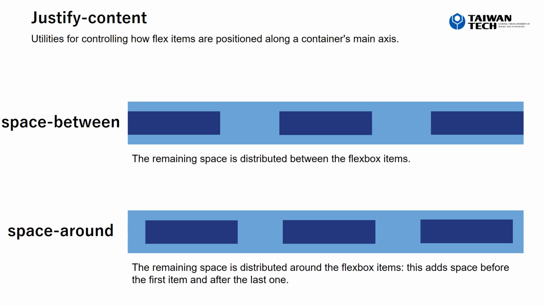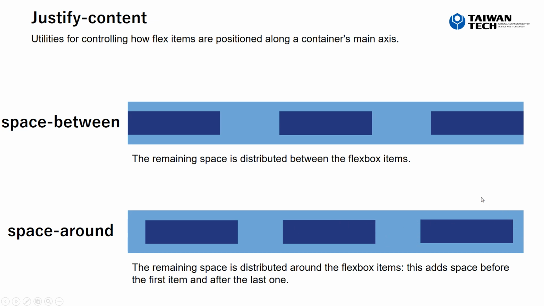And actually, space-between means we just leave some space between the children. And space-around means any child has some space between its left hand and right hand side.